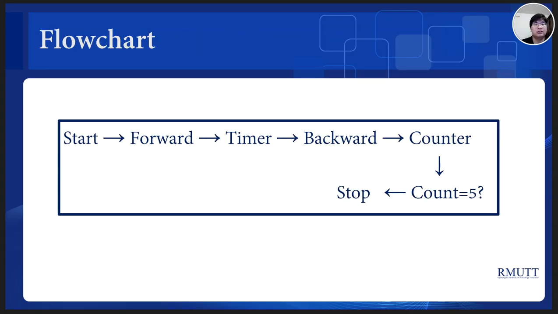This is the flowchart of the system. The process starts from the start button. Then the cylinder moves forward until it reaches the limit switch. The timer is activated.